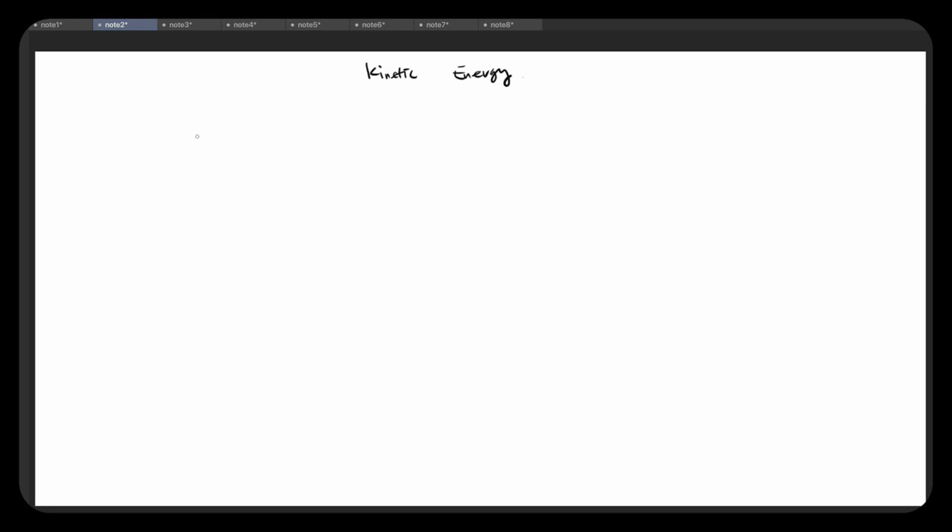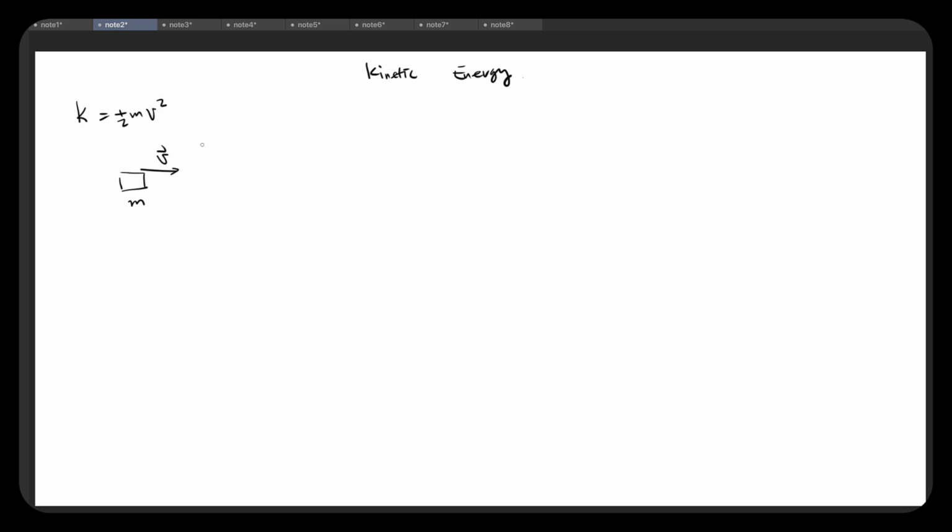Now, the definition is the following. K is the symbol for kinetic energy, equals 1/2 mv squared. Okay, now here's an object. Its mass is m, and right now it's moving with velocity v. Okay, then that is the definition.